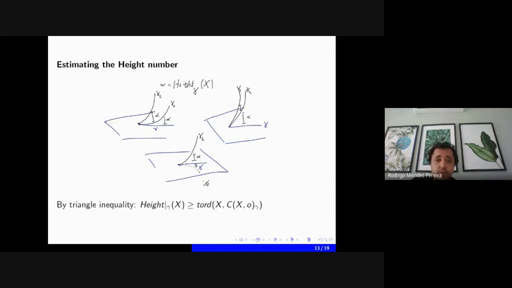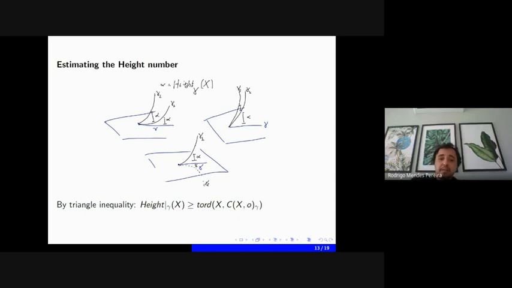So by the triangle inequality, essentially, the height is greater than the contact of X from the tangent cone, restricted to gamma. This notation means that you just compute the contact of these arcs with its image. So it measures the contact of the surface from the plane.